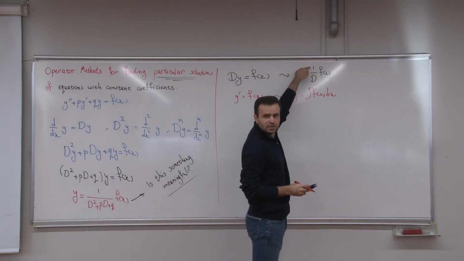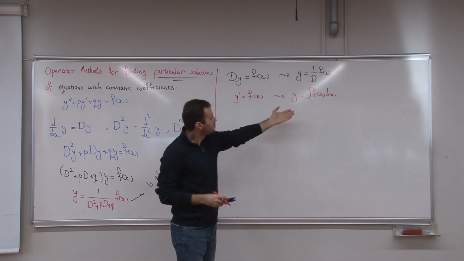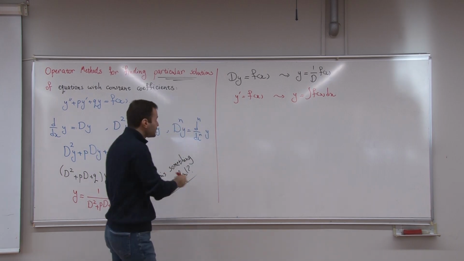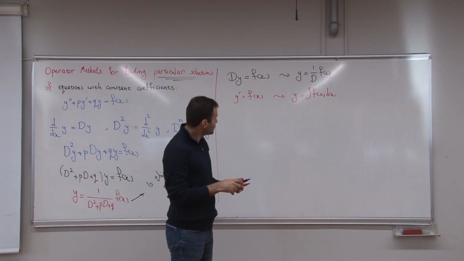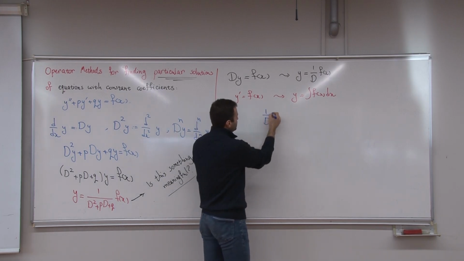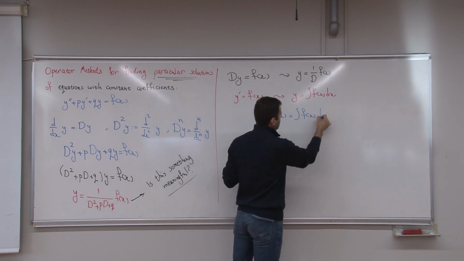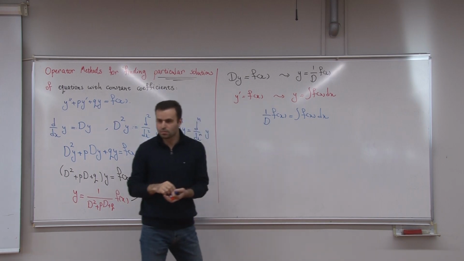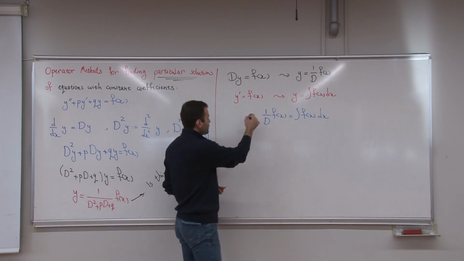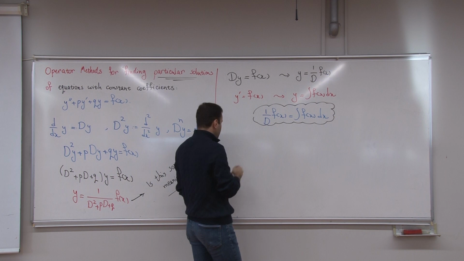If I want to define the operator 1 divided by D, based on our symbolic manipulation, is it okay for me to define 1 over D of any function as the integral of that function? It makes total sense because in this case they're going to be both the same thing. So this is our first thing.